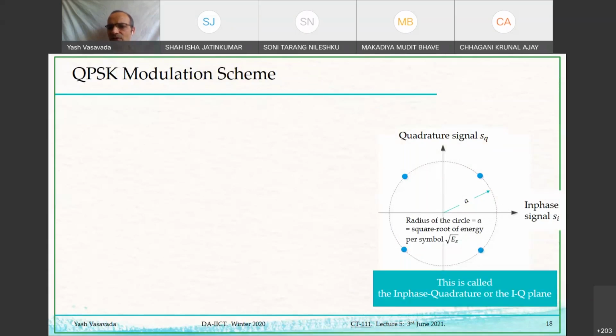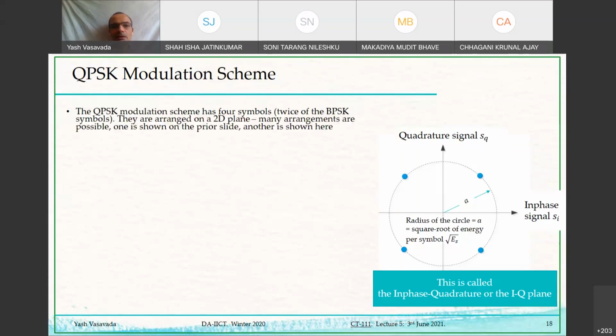They will have both real and imaginary components. But our concept still remains that the distance from the origin is going to be the square root of the energy per symbol.